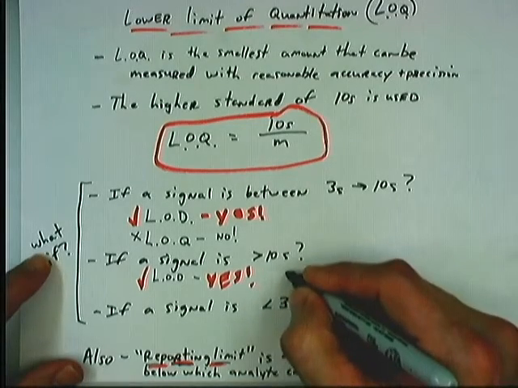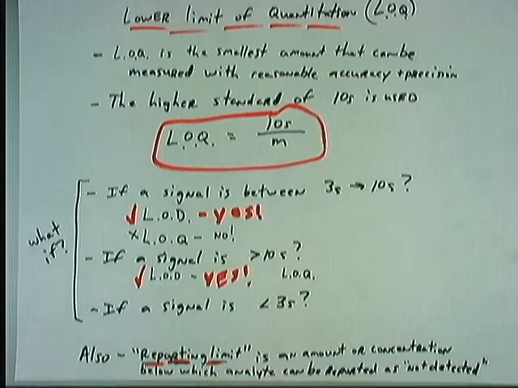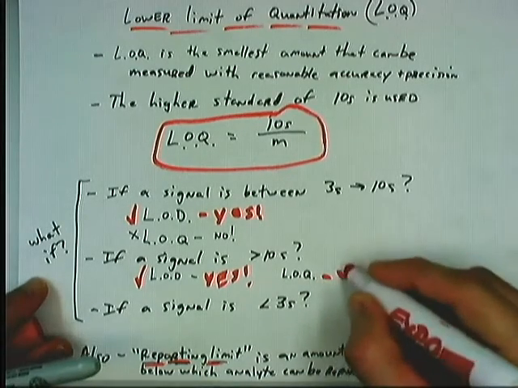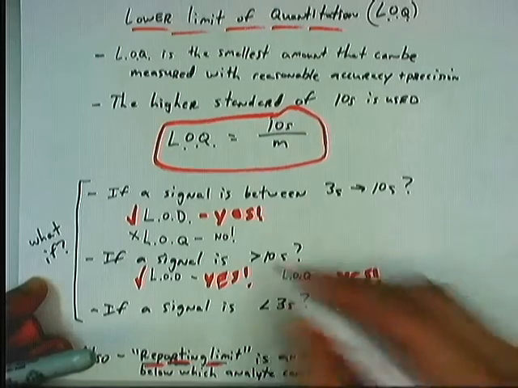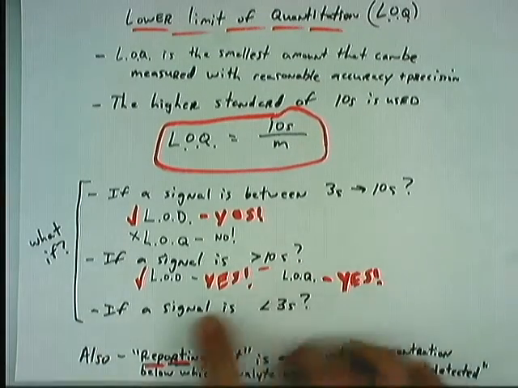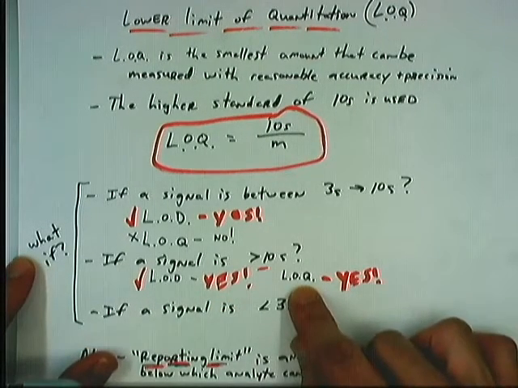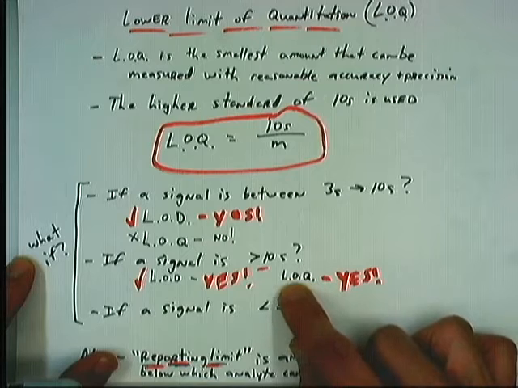Have I exceeded my L.O.Q if my signal is greater than 10s? The answer is yes again. So this is best case scenario when I'm greater than 10s. Both of the answers are yes. I've detected my analyte and can I quantify it and write down its concentration, report it on a piece of paper? Yes.